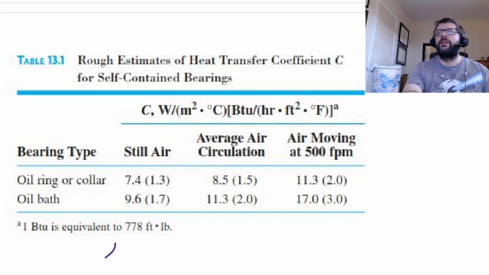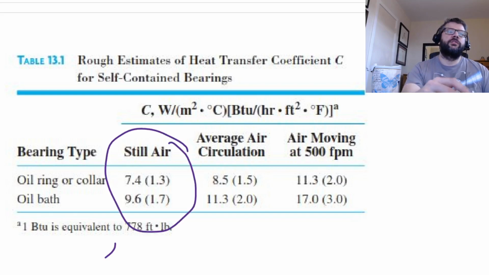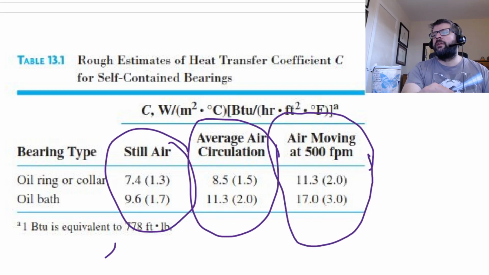And if you're in still air, so if it's like an enclosed space, perhaps, then you're using this column. If it's average air circulation, you're using the middle column. And if you're actively pumping air such that it's moving at an average of 500 feet per minute, then we can be expecting to get this one here.